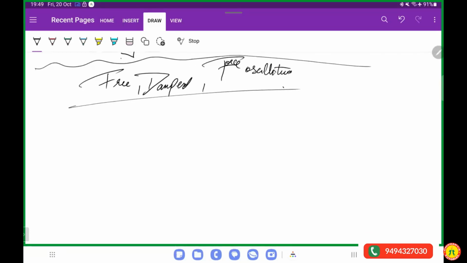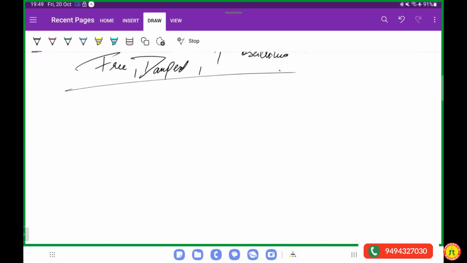See, the name itself suggests everything. Free oscillation means it's freely moving. Forced means forcefully moving. Damp means reducing. Let's take a pendulum.